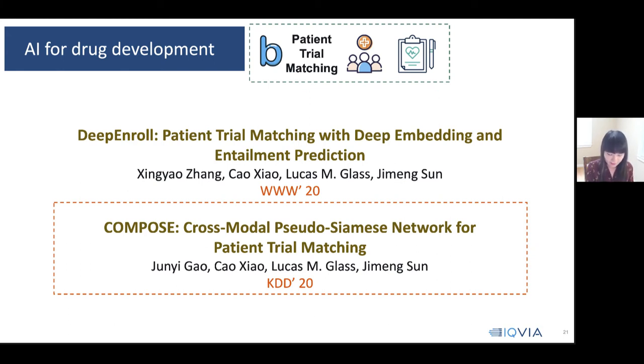This is also in collaboration with our colleague Lucas and our collaborators Junyi and Jimeng from UIUC. Today I will focus on talking about the COMPOSE model. If you are interested to know more background, feel free to check our DeepEnroll paper as well.